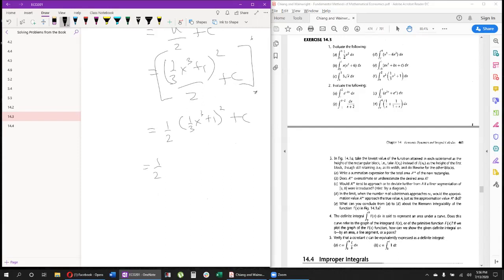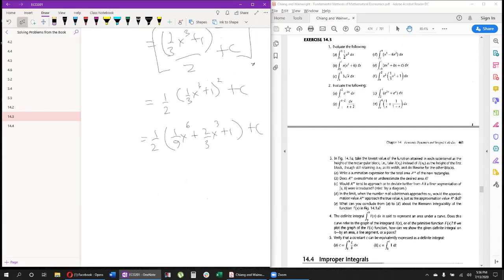If I simplify this, I get 1 by 9 x to the power 6 plus 2 by 3 x cubed plus 1, plus c. And so this becomes 1 by 18 x to the power 6 plus 2 by 6, or basically 1 by 3 x cubed, plus half plus c.